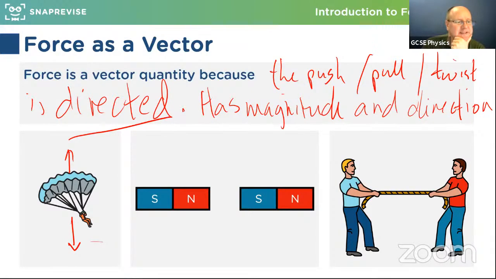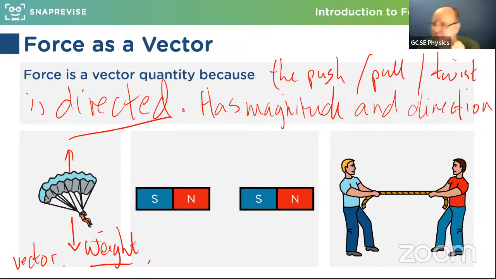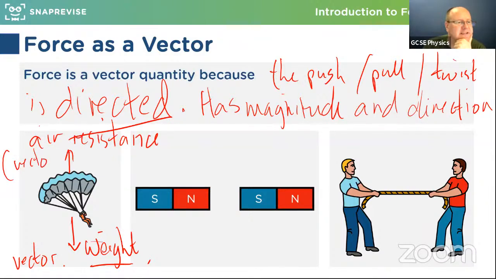So this is a vector quantity, the downward force, and that's weight acting towards the center of the planet. And then, thank you there, Evan, we've got air resistance, which is a force, therefore it's also a vector, and that's acting in the opposite direction to the weight, upwards on the parachute.